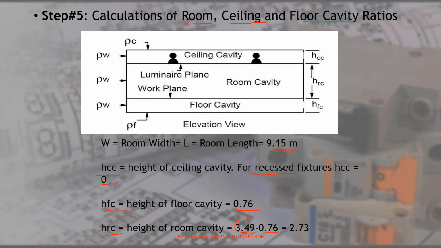Consider 3.49 kay naman dyan na siya allowance na 0.01 kay kanang niyang thickness sa mga ceiling materials. So depende po na mo kung 3.5, but I consider 0.01 na thickness or the width of the materials na gamit sa ceiling. Now your HRC is 2.73, so 0.76 for HFC.